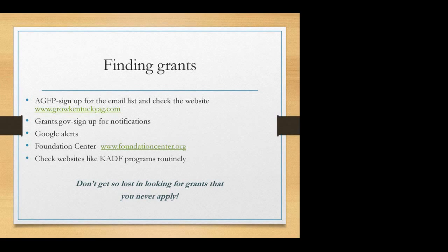You can also go to grants.gov. That is an official government website. If you wanted to receive a notice every time the Department of Agriculture puts a grant out, you can sign up for that there. And they will send you an email that is from do-not-reply@grants.gov. I would highly advise that you do not sign up to just receive all the funding emails the federal government puts out, because it's a lot.